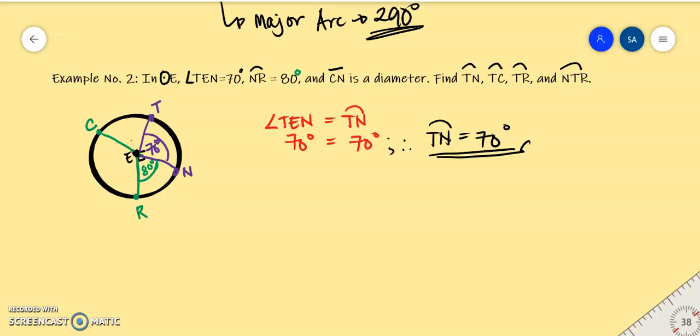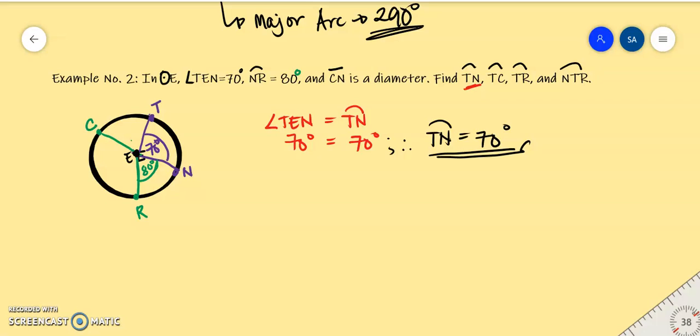Okay. Next problem. So that one is done. Next, we have arc TC. Our arc TC is formed from the diameter CN.